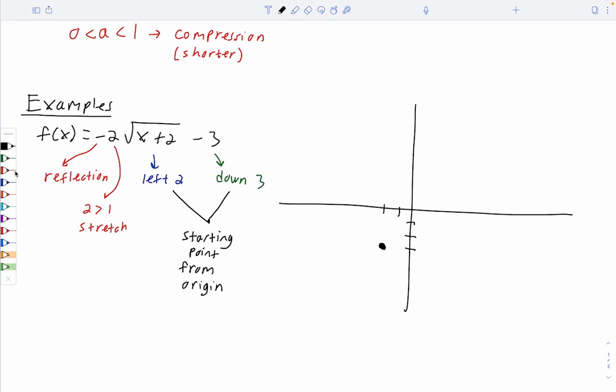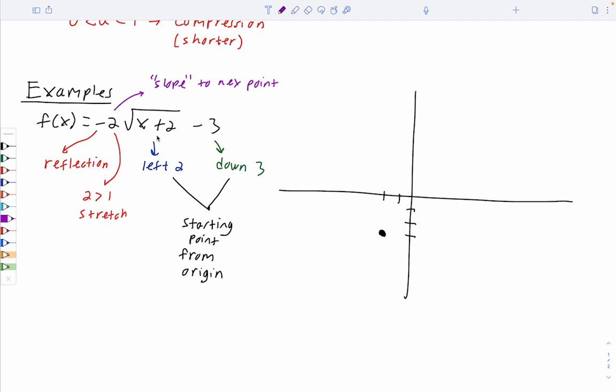Then from there, you're going to think of this a value as the slope to the next point, right? So the a value is kind of like a slope that can find the next point. Now, just be very careful: it only finds the next point.